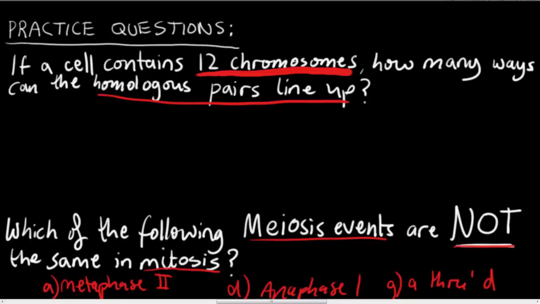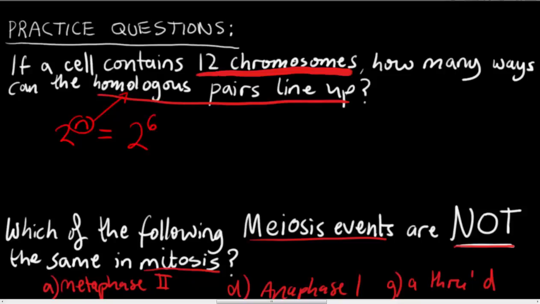So how we solve this is we remember that if there's 12 chromosomes, that means there's 6 homologous pairs, and 2 to the power of n is equal to the number of ways they can line up, and n is the number of homologous pairs. So we have 2 to the power of 6.